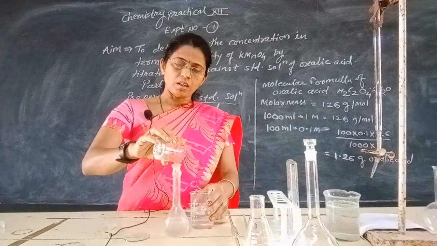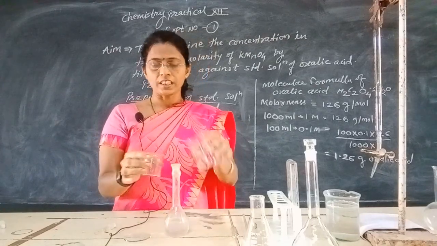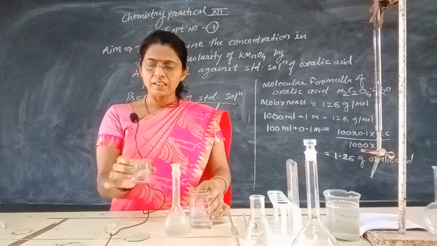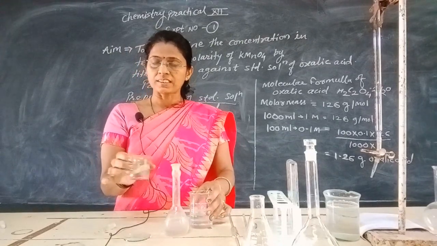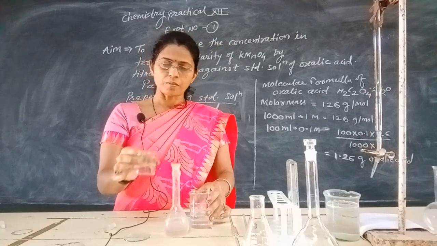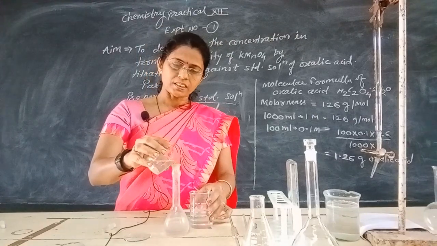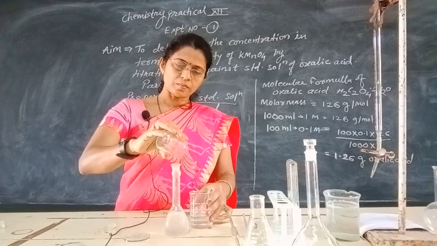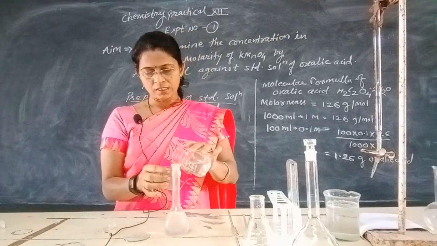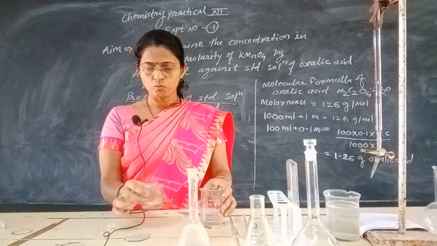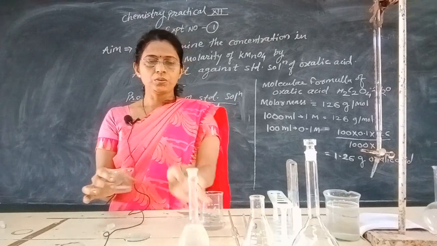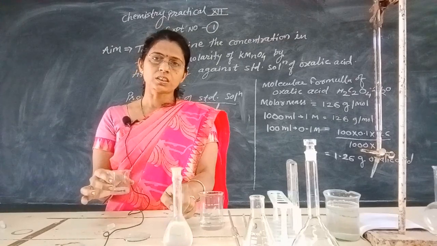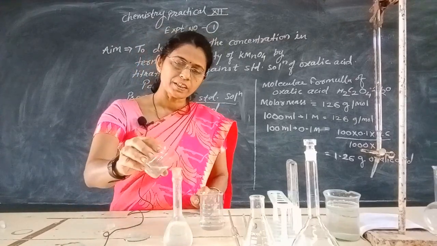Because each and every particle of our oxalic acid must be dissolved completely, and we should prepare exactly 100 ml of oxalic acid. Again transfer the washing of the beaker to the volumetric flask, until we reach the mark of 100 ml.